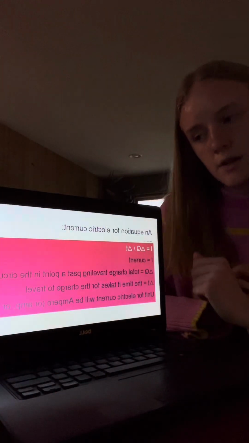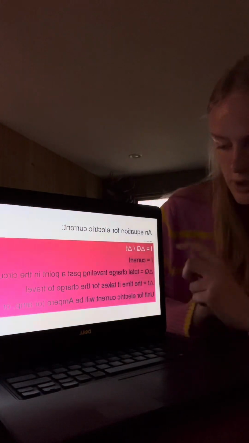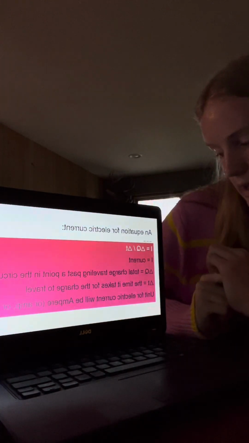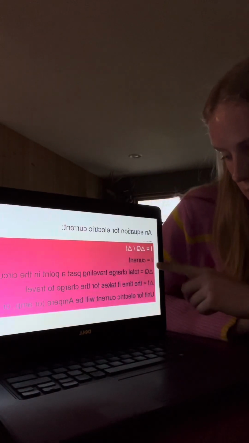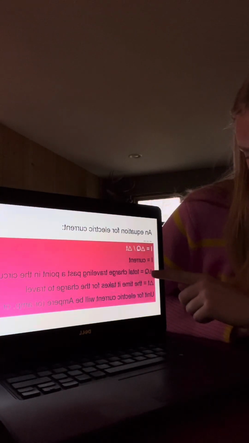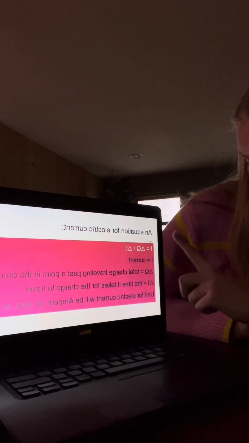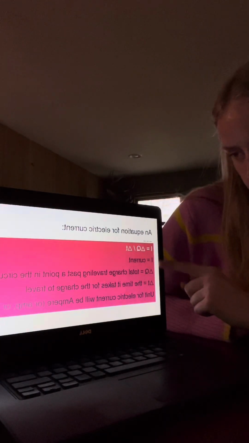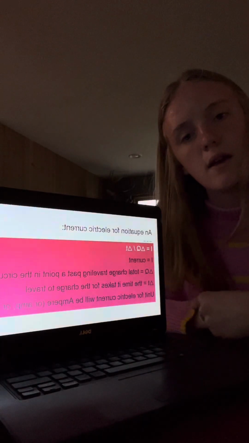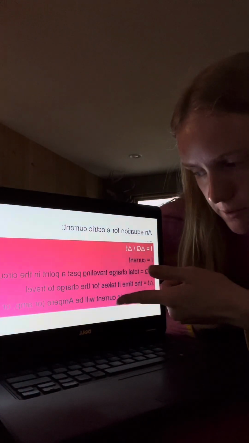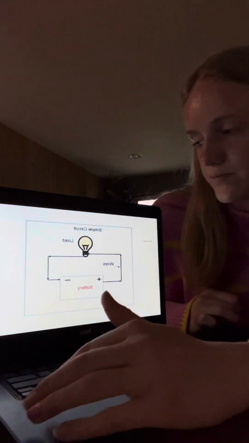And here's an equation for electric current: I equals the change in Q divided by the change in T. I equals current, Q is the total charge traveling past a point in the circuit, and T is the time that it takes for the charge to travel. An electric current has the units of ampere, or amp. That's what you measure them in.